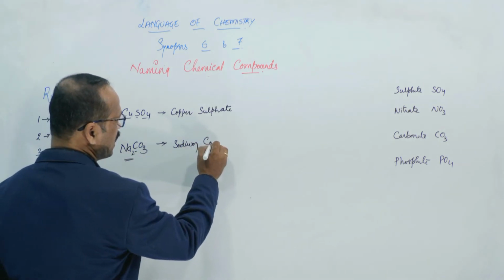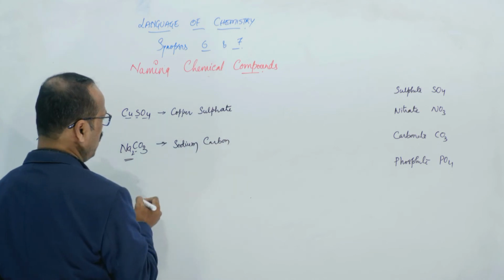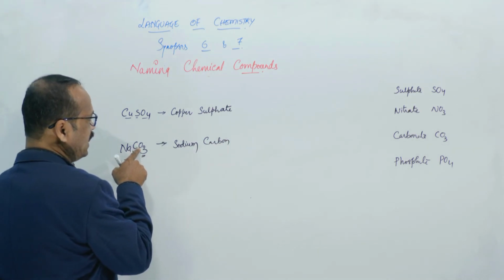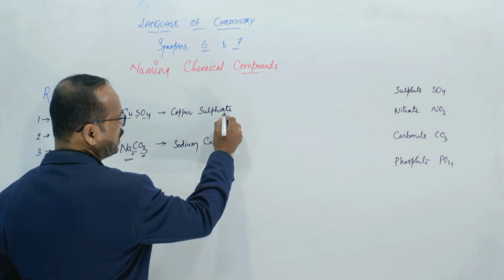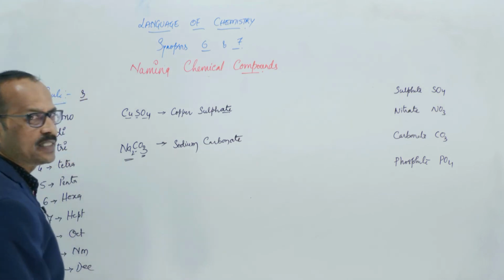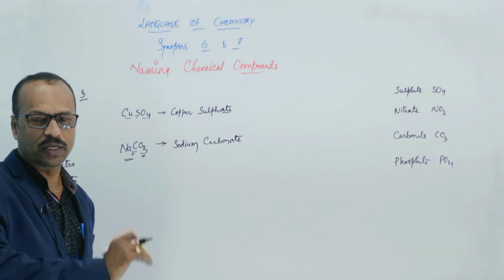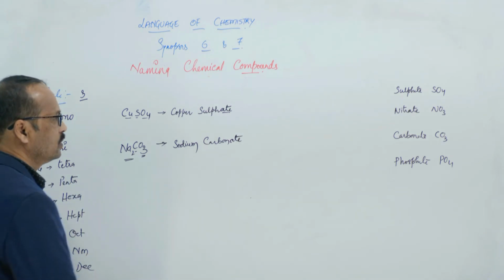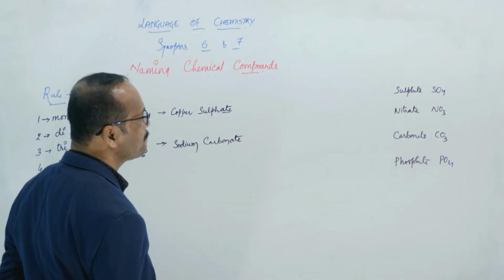Carbon. So write carbon. And last is oxygen. Since it is ending with oxygen, you write ate. Now what is the name of this Na2CO3? Sodium carbonate. Clear?